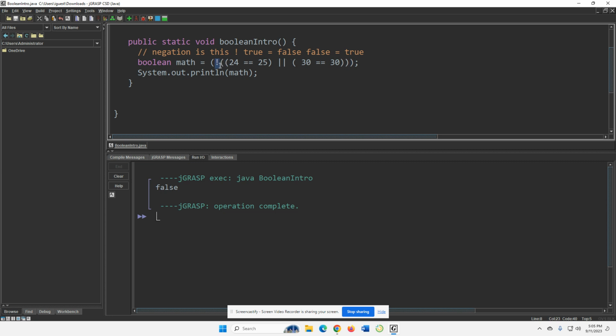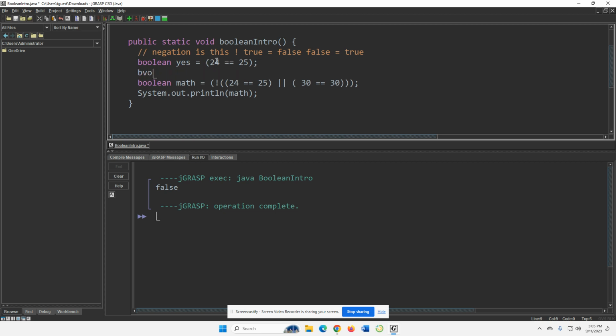Again, this is where a lot of people are confused about what's with these nested parentheses. Let me go ahead and do the example I had earlier. Let me do Boolean yes, and I'll just set that equal to this. And then Boolean no, and I'll set that equal to this.